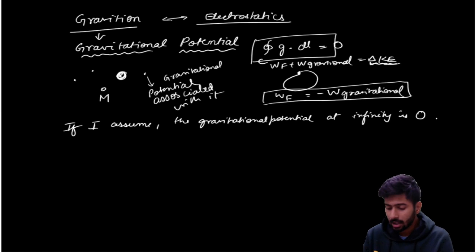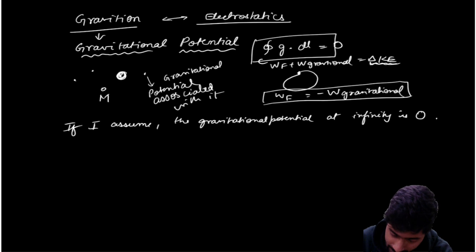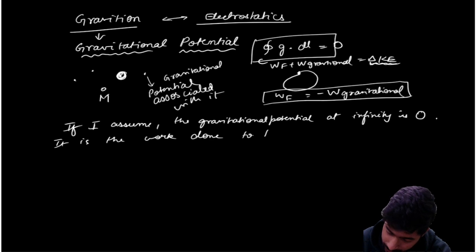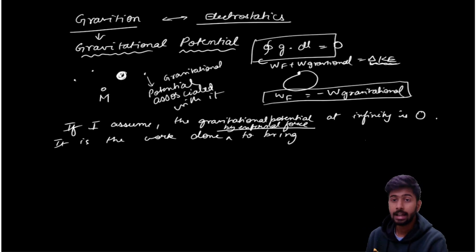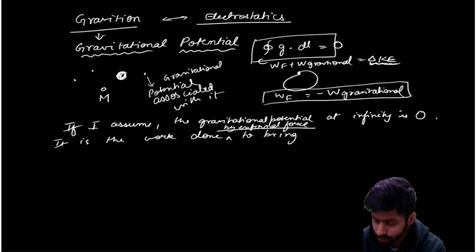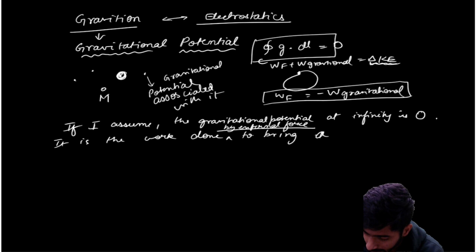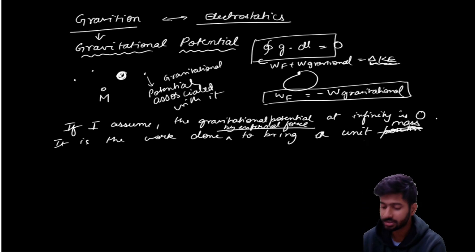So let's see, what is the definition for gravitational potential first of all? The definition goes like this: it is the work done by external force. Remember the keyword external force. It is the work done by external force to bring a unit positive, or basically a unit mass is anyways positive, right?